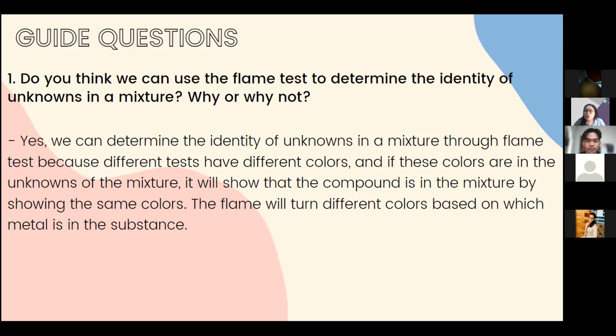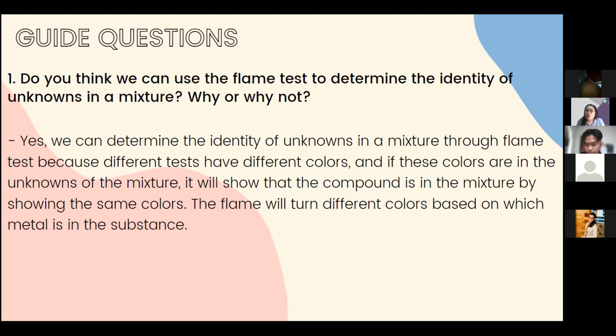That is due to the characteristic colors of the metals or ions that they produce when subjected to flame. So do not forget that in doing the flame test, it should be a non-luminous flame, or the blue flame. So you really have to open fully the air hole of the Bunsen burner.